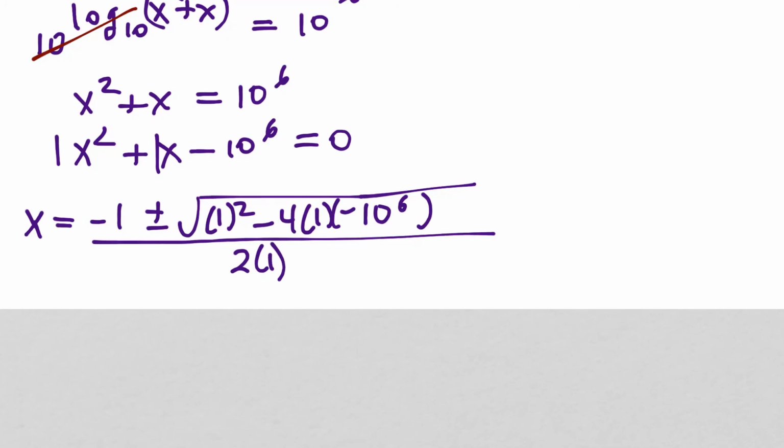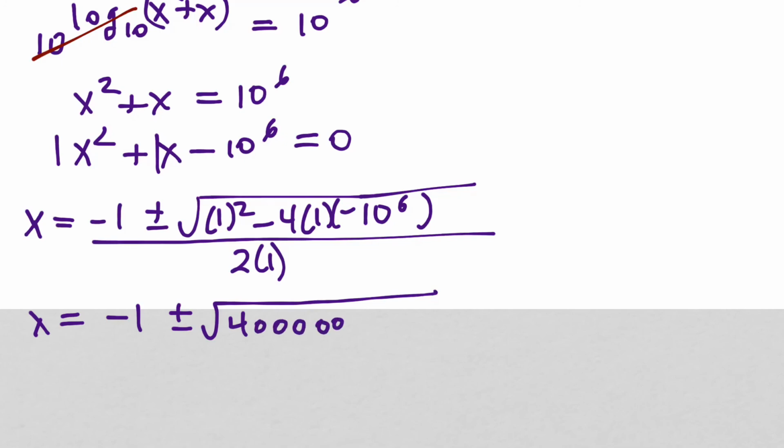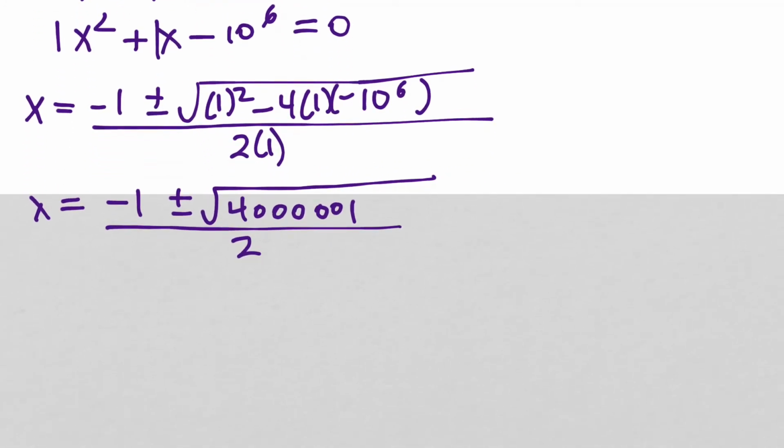So that's the same thing as x is equal to negative 1 plus or minus. So I'm going to plug that into the calculator, and I'm going to get the square root of 4 with 5 zeros and a 1, divided by 2. All right, so that's two numbers separately written. Let's just simplify that to a number here.